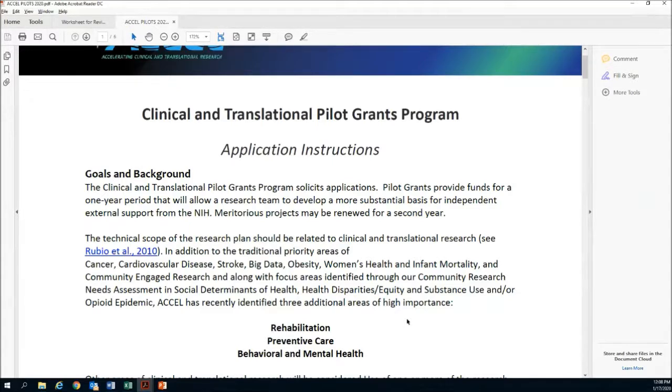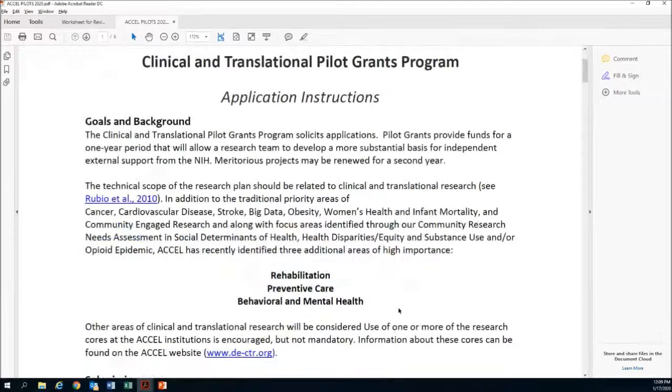There are specific reasons that the ACCEL program would like to see work done in looking at social determinants of health and health disparities, and especially around substance use and abuse and the opioid epidemic. In addition, again, this is broad, but there are 3 areas of high importance going forward: rehabilitation, preventive care, and behavioral and mental health.